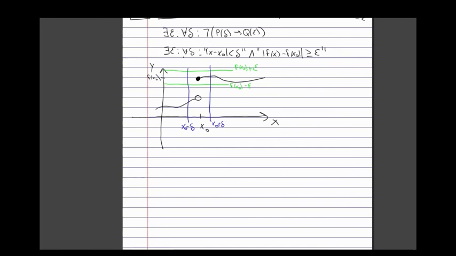So we have that there exists an epsilon, at least one, possibly more, such that for all delta, no matter what size delta is or how small delta is, we have that |x - x₀| < δ. Any point in here, we have that |x - x₀| < δ, and |f(x) - f(x₀)| ≥ ε.